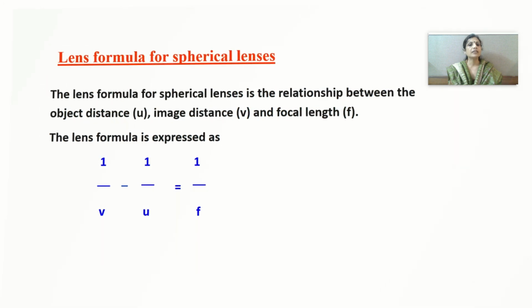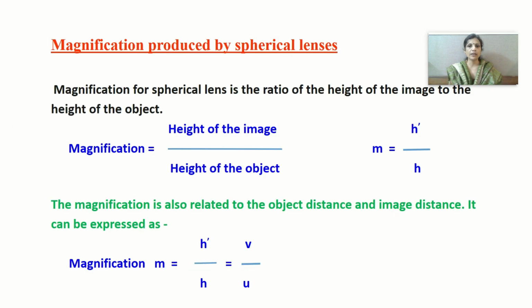Alright, after that, the magnification produced by spherical lenses. Magnification of a spherical lens is the ratio of height of image to height of object. Magnification is denoted by letter m, which is equal to height of image to height of object, and we can also write this as h dash upon h.